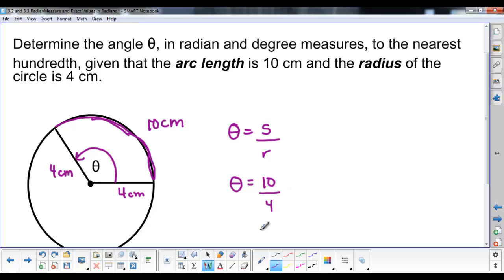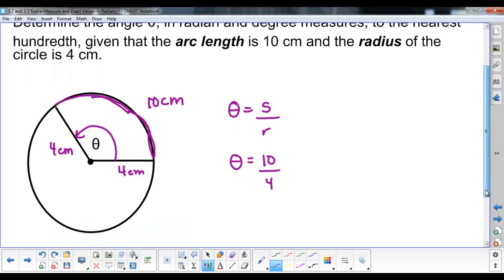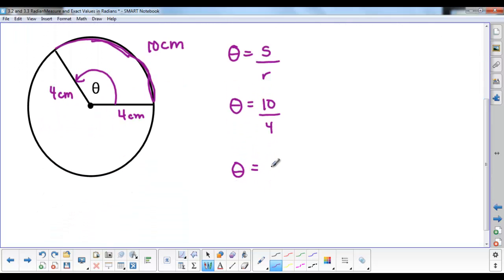So we can simplify this and say that theta is 5 over 2 radians. Another way that you can express it is in decimal form, 2.5 radians. Notice that in radian measure, you don't always need to have that pi symbol.